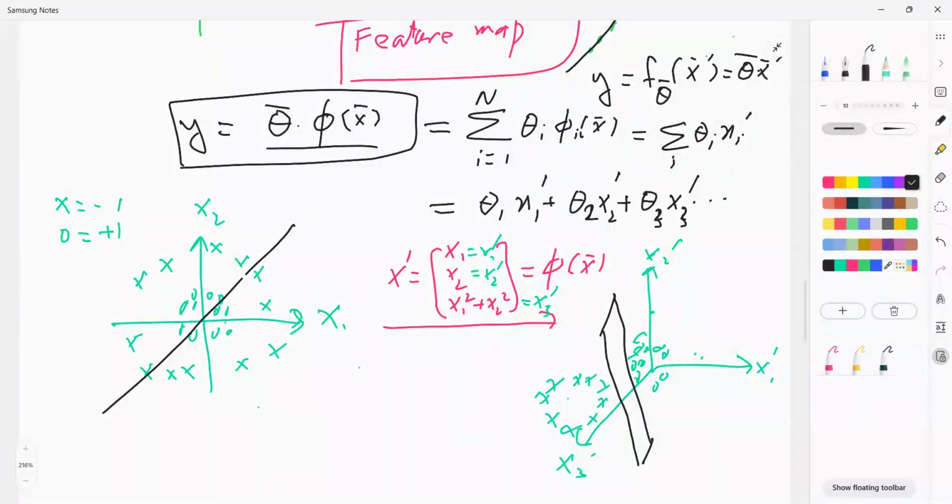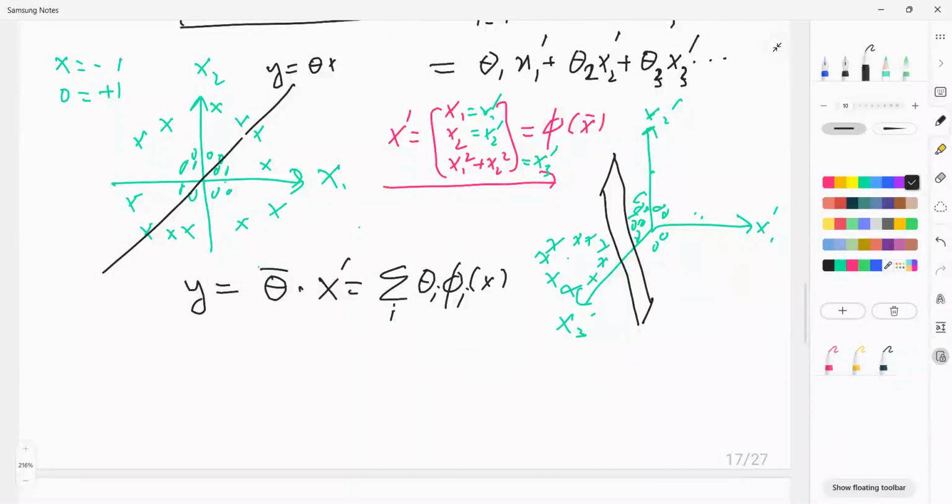So again, my model is linear because instead of using a line in this 2D geometry, I'm using a plane in the transformed feature space like this, which is sum over i of theta_i phi_i.